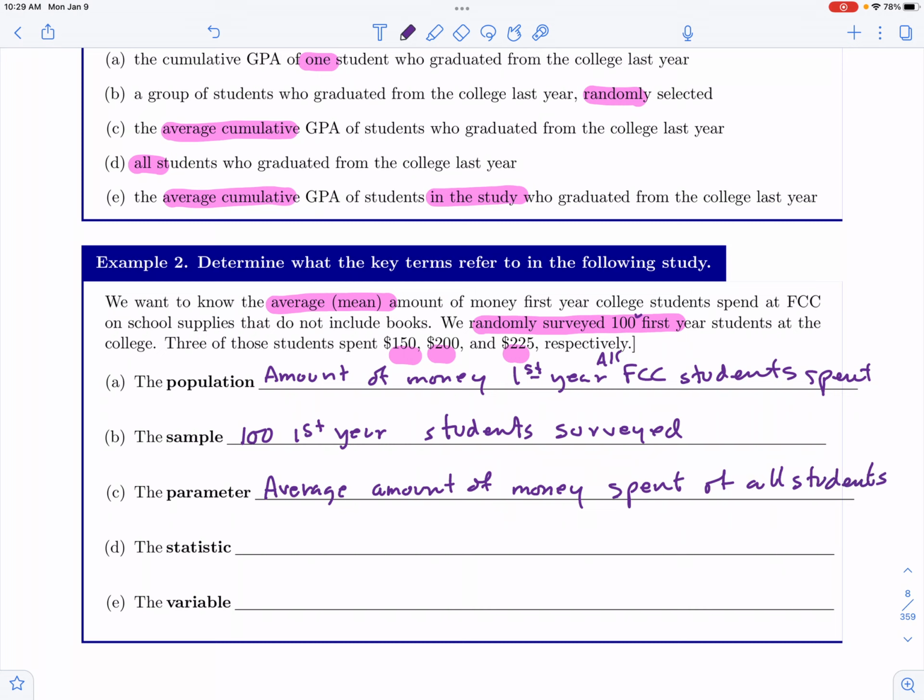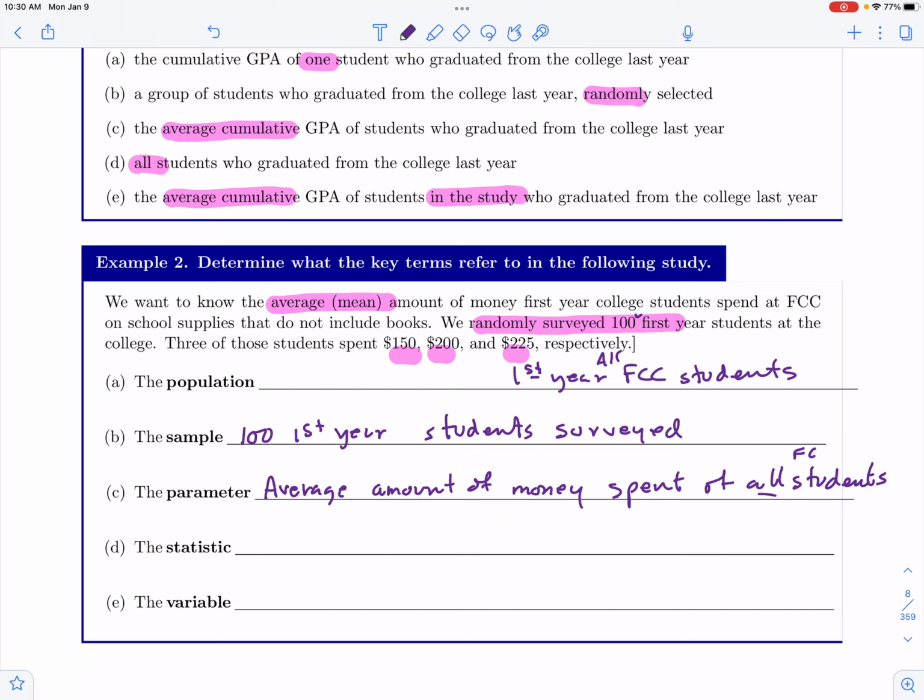Oh, let me fix the population. The population is just all FCC first year students. It's not the amount of money. That's related to the parameter. So it's just all first year FCC students, period. So no money indication here. Sorry, my bad.